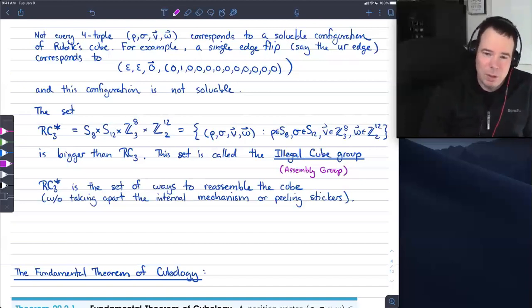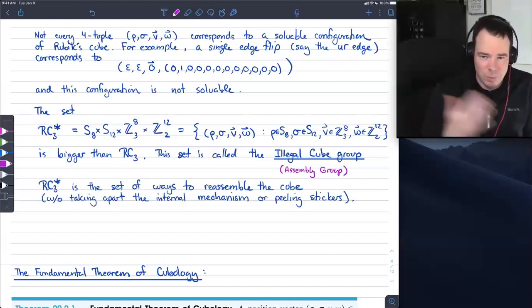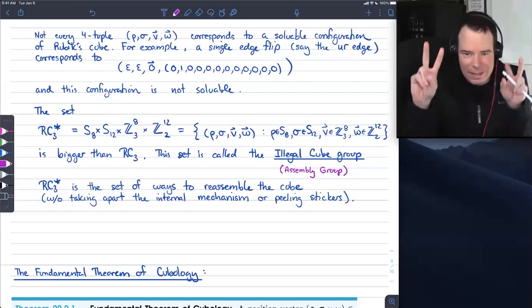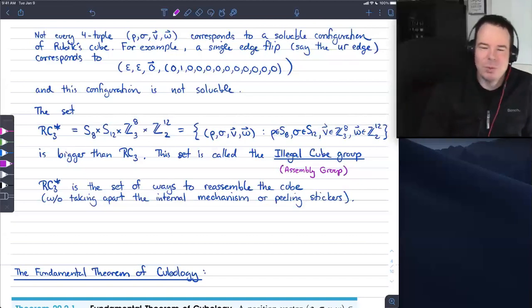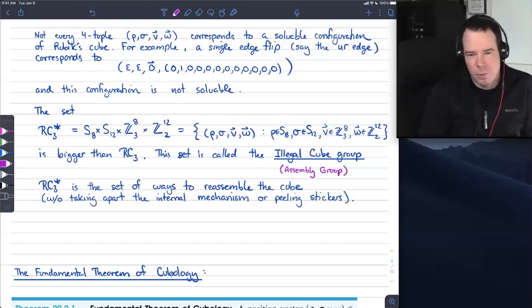And with the 15 puzzle, we get down to two states. We either solve it, or we get down to where the 15 and the 14 have swapped positions. So with the 15 puzzle, the illegal 15 group, or the assembly configurations, split up into two types, those that are solvable and those that aren't. And there's half of one type as there are of the other.